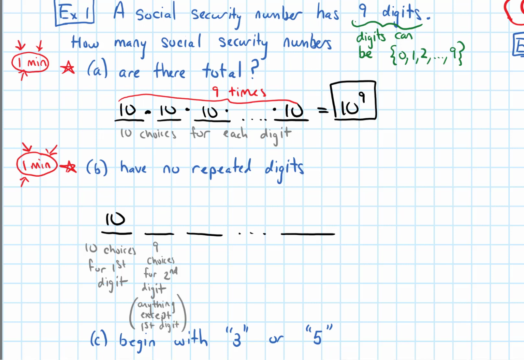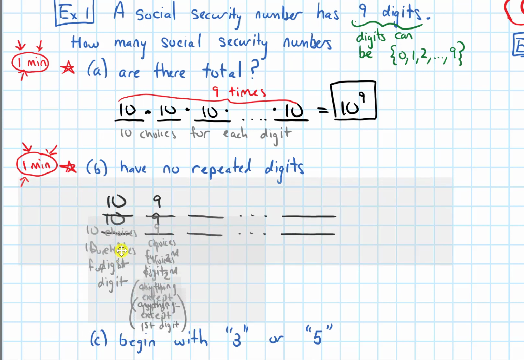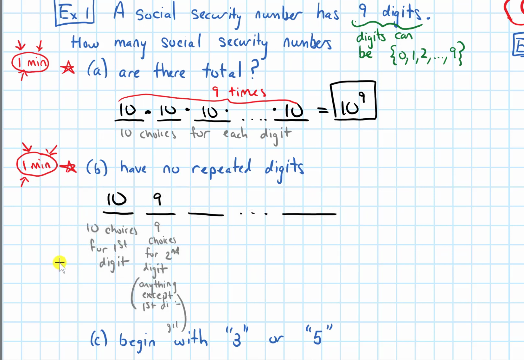All right, so let's put a 9 in that slot. And in fact, let's move this whole thing up a little bit to give ourselves some more room here. Alrighty, there we go.